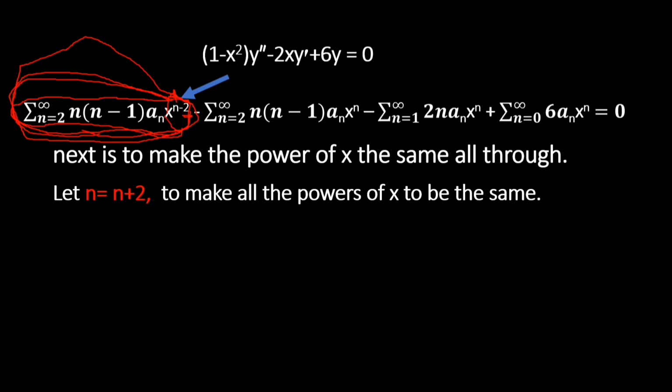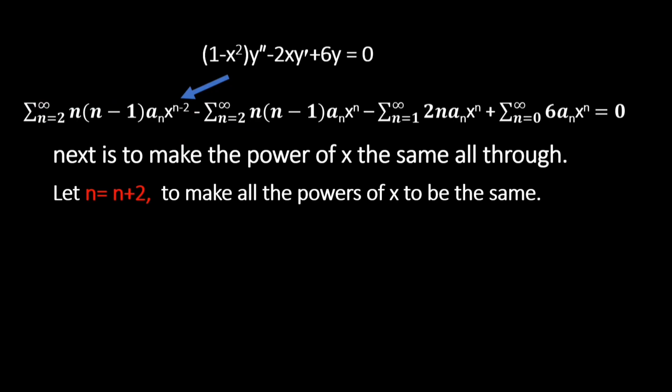Because we are trying to make this part equal with what? We are trying to make it equal with this part. You understand? So we only replace anywhere there's n here with n plus 2. If I replace that part with n plus 2, what will I have?